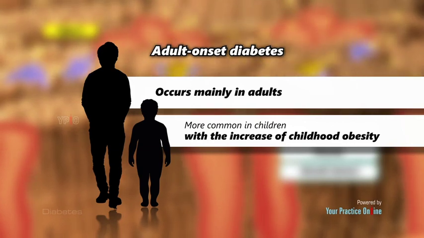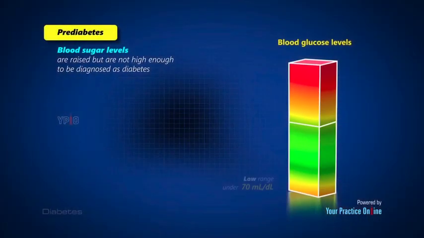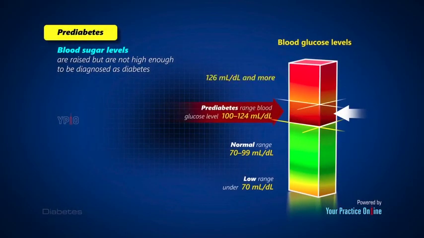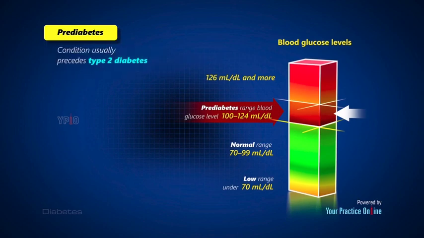The other types of diabetes include prediabetes, where blood sugar levels are raised but are not high enough to be diagnosed as diabetes. This condition usually precedes type 2 diabetes.